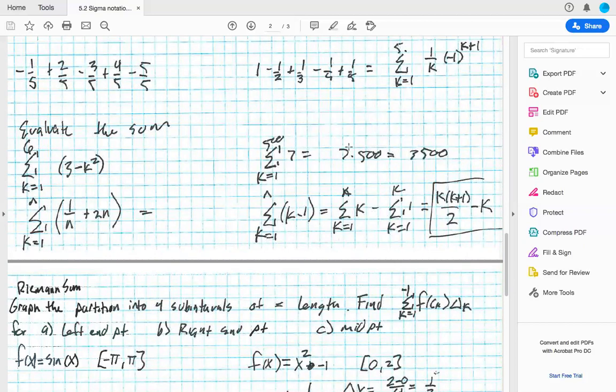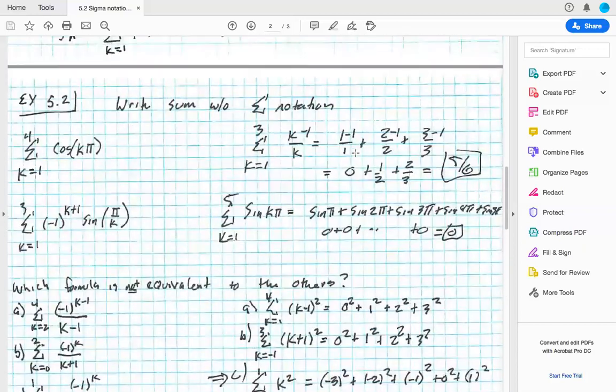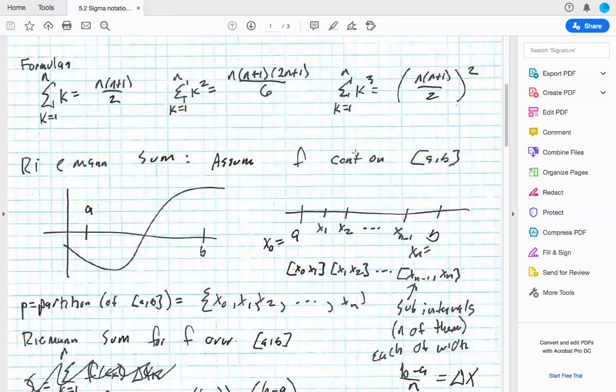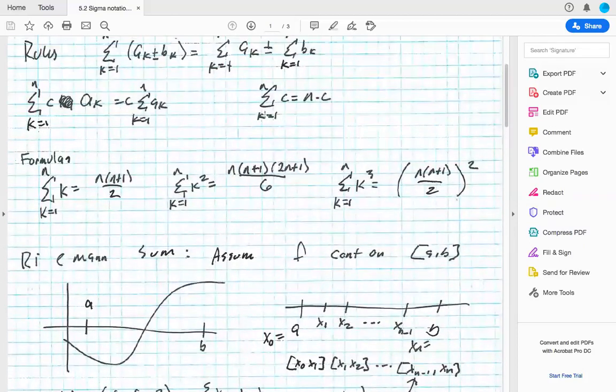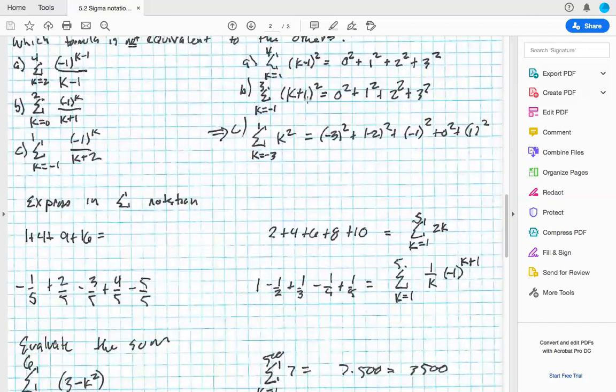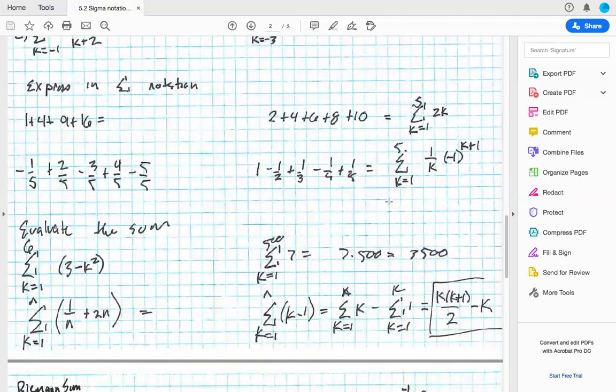Well, if you're adding 7 together 500 times, it's really 7 times 500, which falls into adding up a constant repetitively. Adding up 7 from 1 to 500 would just be 7 times 500. So 3,500 right there is what we're going to get.